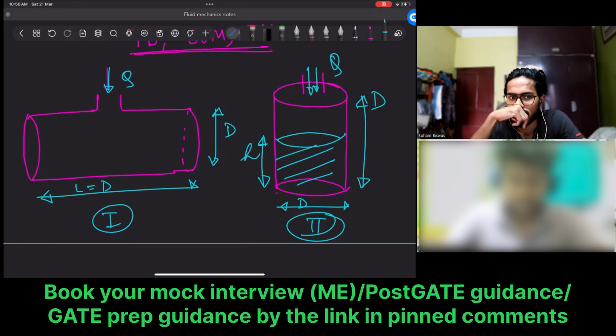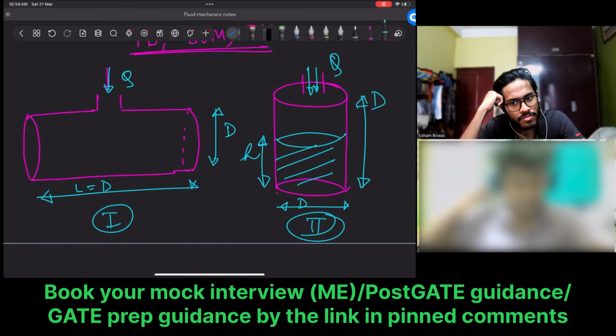A will be varying. A variation will be increasing, decreasing. So H is increasing. It will be increasing.